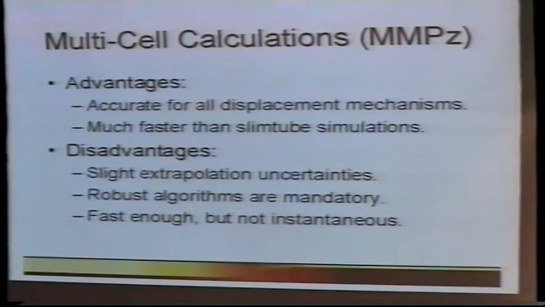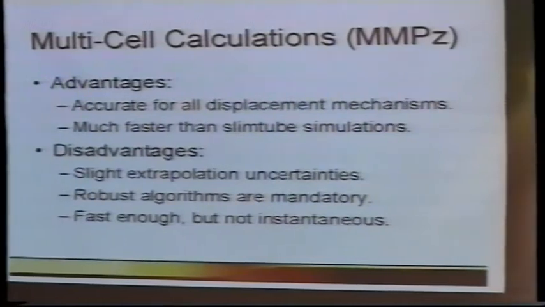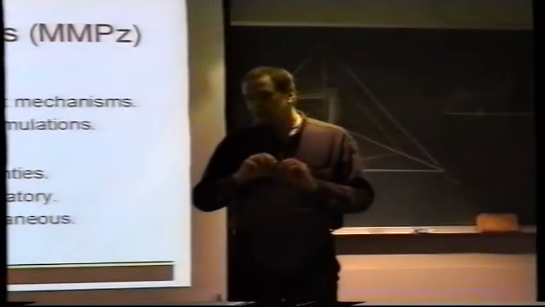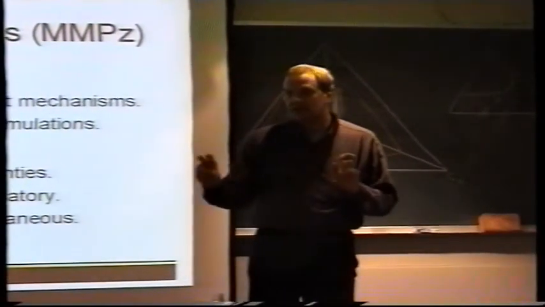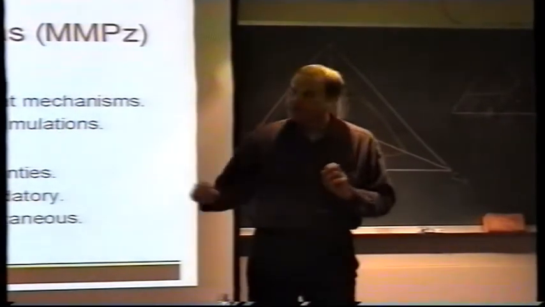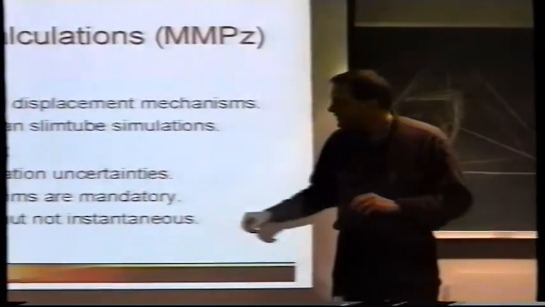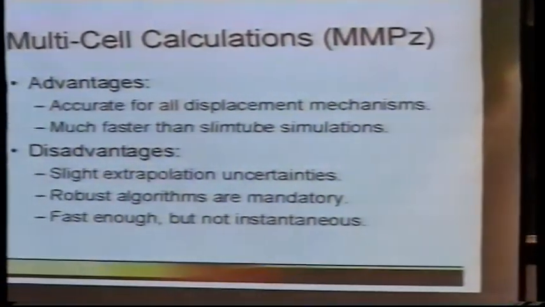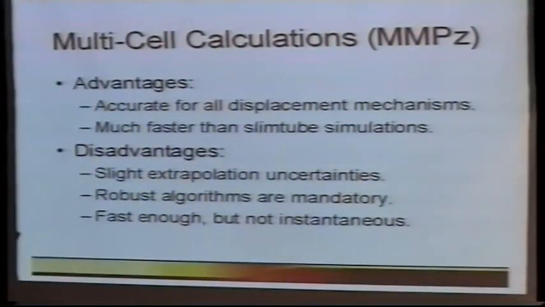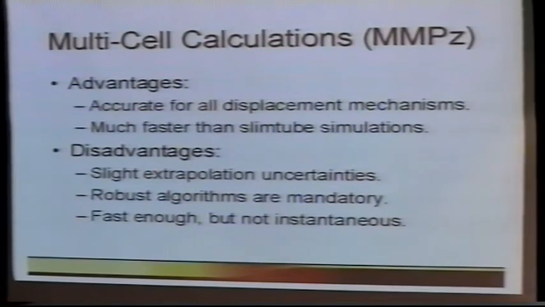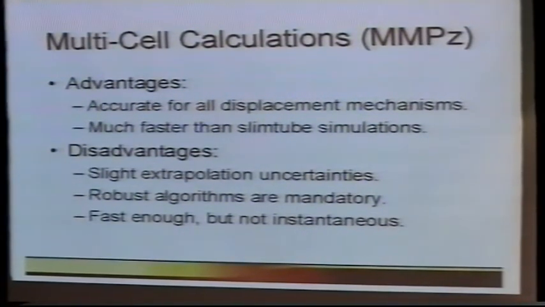But however many cells you do have to use, what you want to do is extrapolate those results to an infinite number of cells. And that extrapolation introduces slight uncertainties. They're usually not very significant, but there is some uncertainty there.